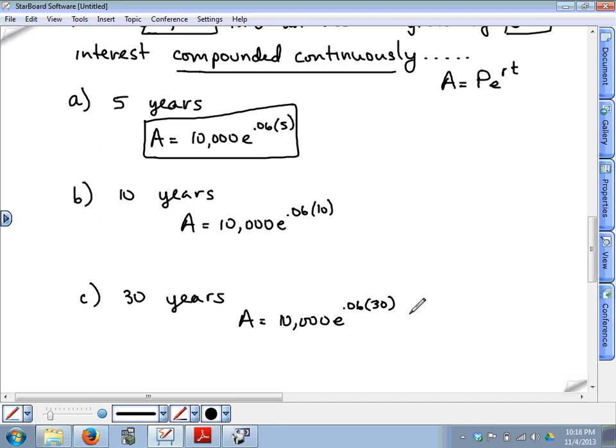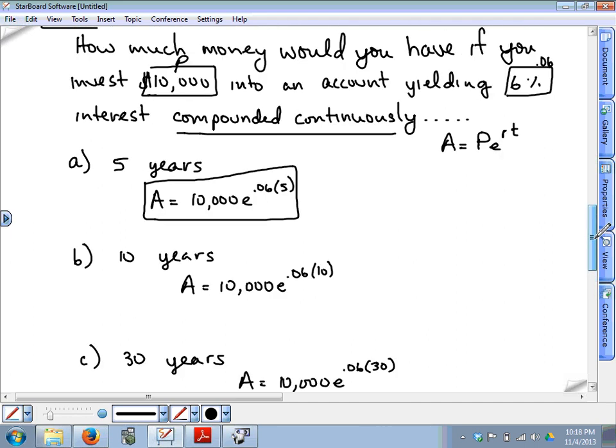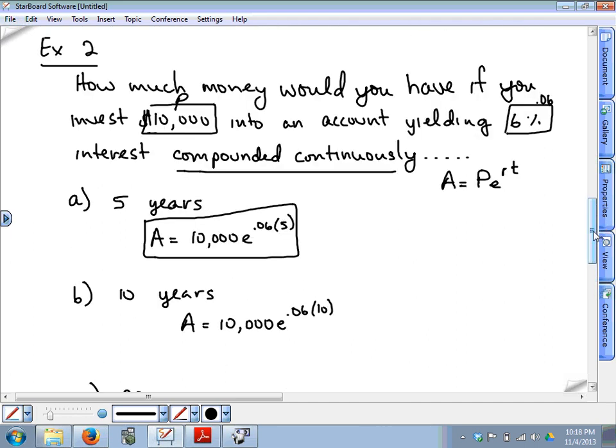So I know it seems pretty stupid. Why the heck did we learn about this if we don't really use it? What we're going to do later on, once we learn about logarithms, is I can ask you different variations of the same problem. For example, if you invested $10,000 and after 5 years it became $45,000, what was the interest rate?